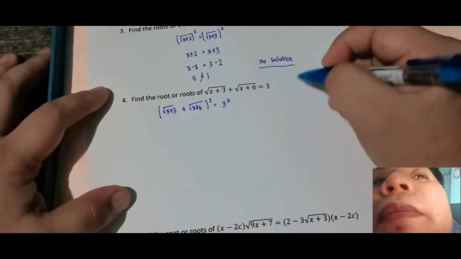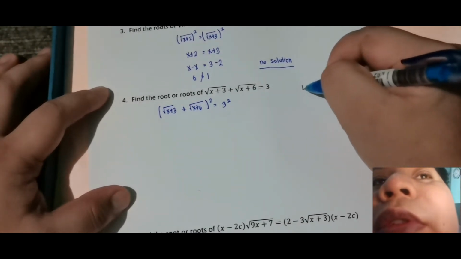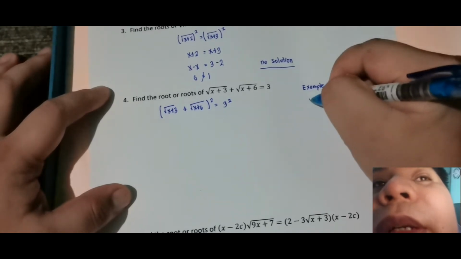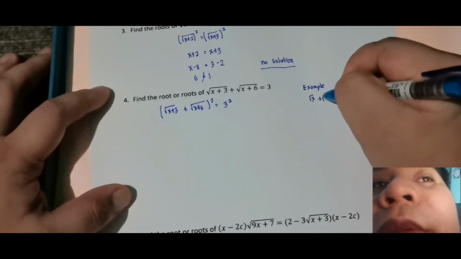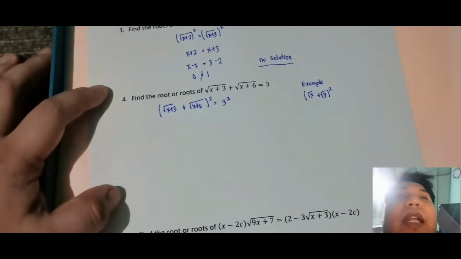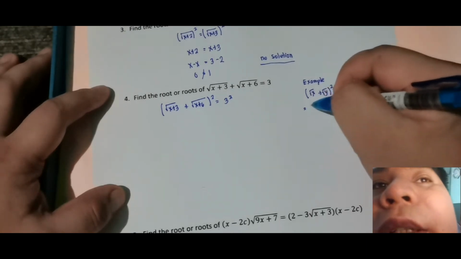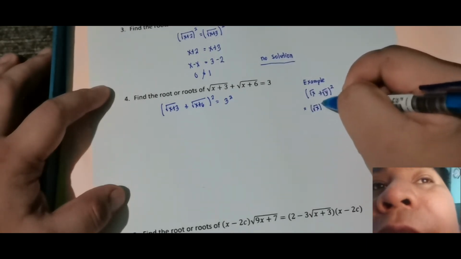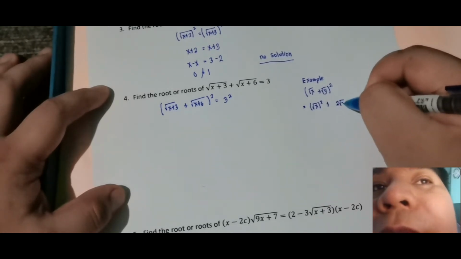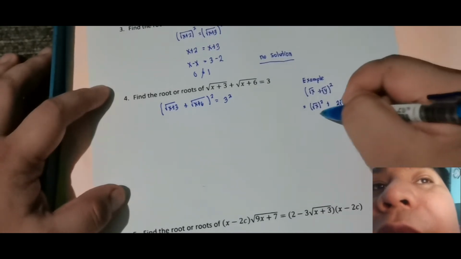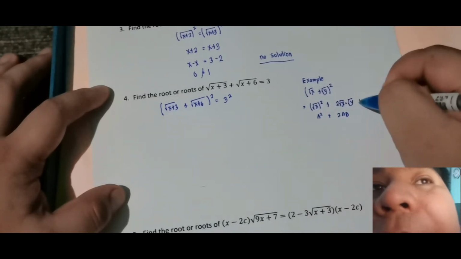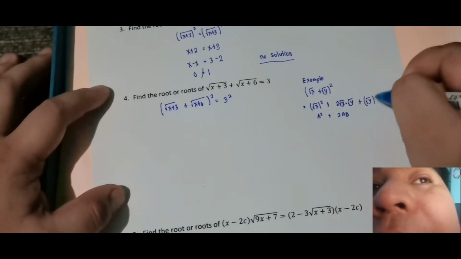Okay, so tandaan natin. So, example ko lang dito or illustration ko. Kunyari meron ako yung square root of x plus square root of y. Pag in-square ko, ano mangyari? Ito po ay equal sa square root of x raised sa 2 plus 2 square root of x times square root of y plus square root of y raised sa 2.